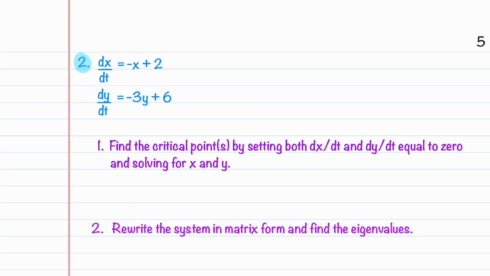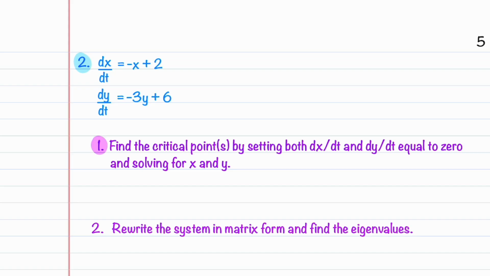For our second example, we have the system of equations dx/dt is equal to minus x plus 2 and dy/dt is equal to minus 3y plus 6. Just like we did for our first example, we're going to begin by finding the critical points.